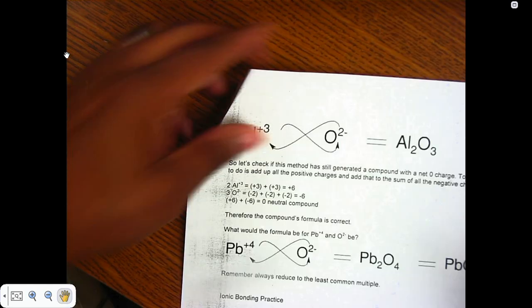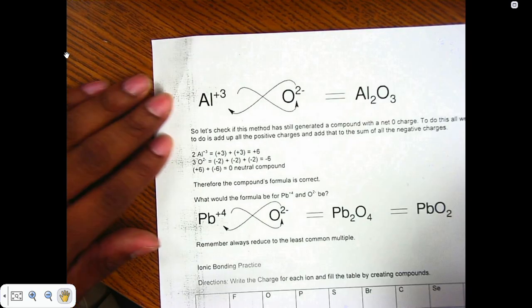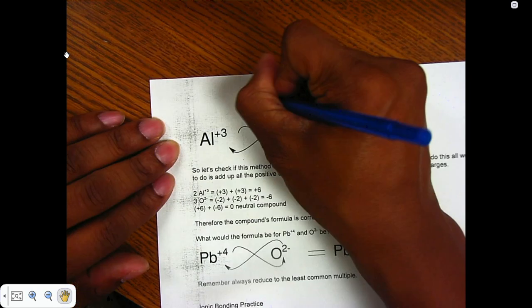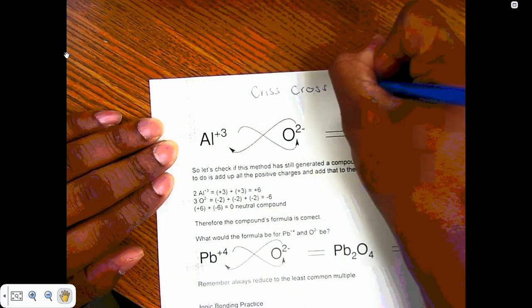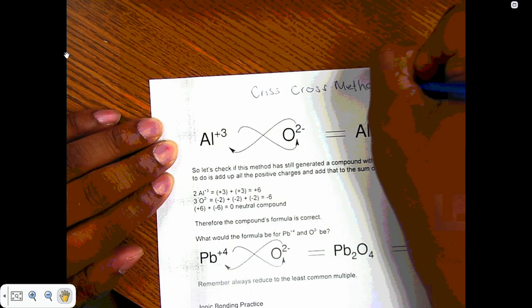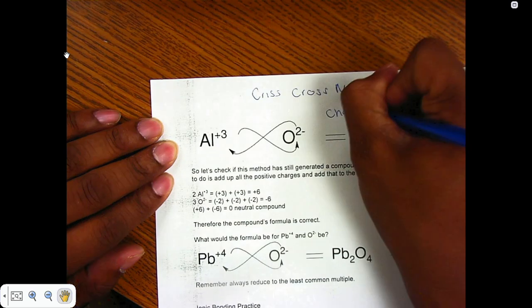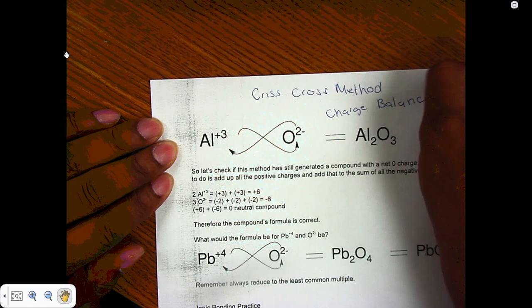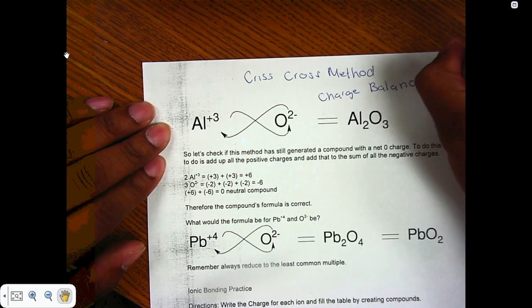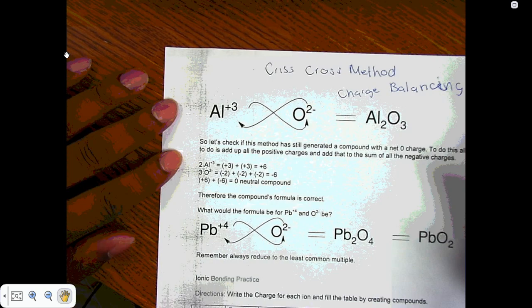And so, I want to get started with looking at this sheet. This is called the crisscross method. Some people call it charge balancing. It's the least math-focused part of chemistry, I would think, but it still requires some.